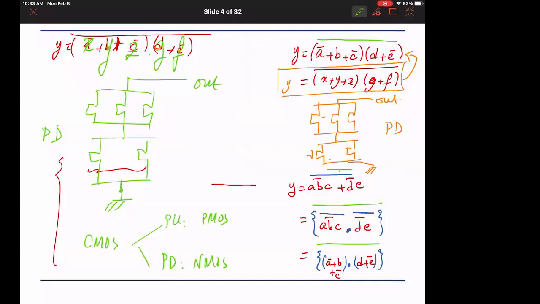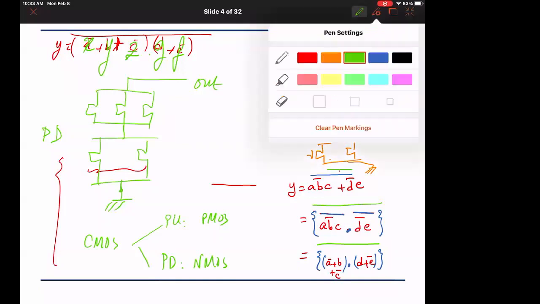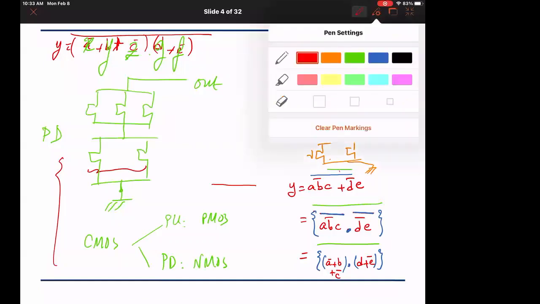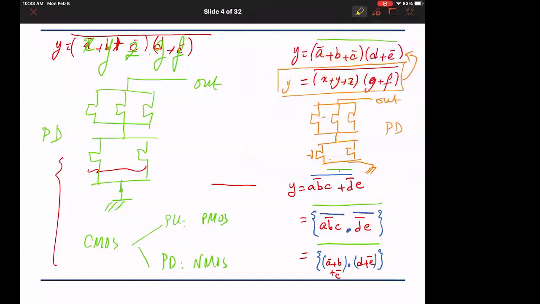I know that this is a smart way of thinking about it, but what will I do now? I will literally say that my X is really A bar, my Y is B and my Z is C bar. So I'm going to have here A bar, B, C bar, and then D and then E bar.